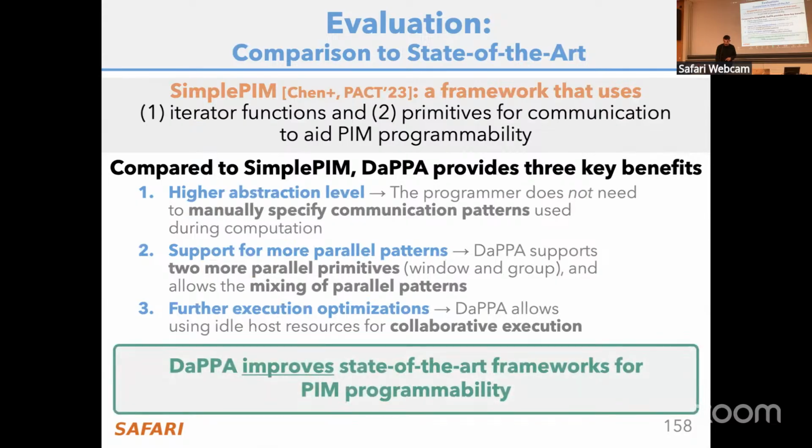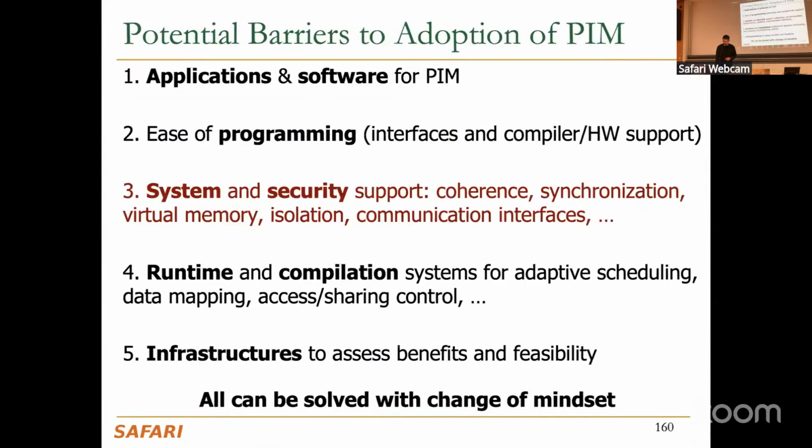Okay, so now we have a solution for how to identify if an application is memory bound. If you identify that application, we also have a way to easily program that memory bound application into our PIM system, right? The next question that you need to solve, which I'm not going to cover here because of time, is system and security support issues, which are very, very complex to solve.